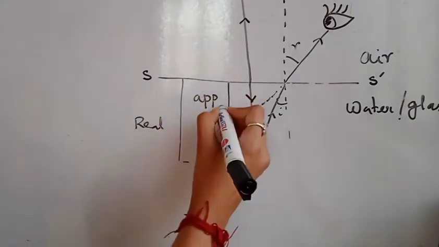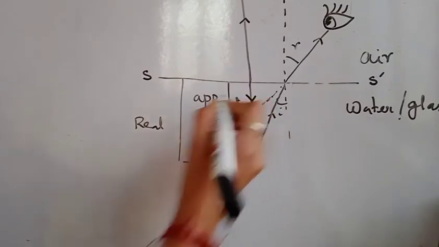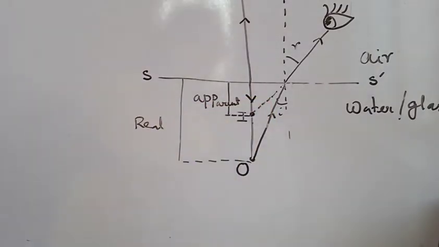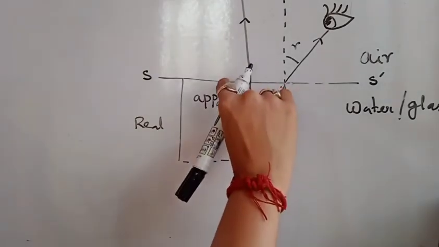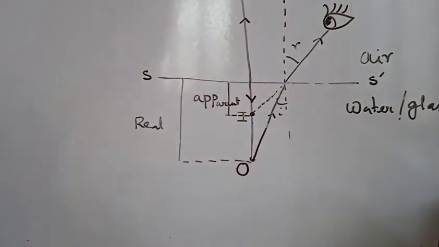So the real depth and apparent depth we can write like this. This is the real depth and this is the apparent depth. As my eye can follow only the straight line path, the object appears to be a little shifted from its original position.